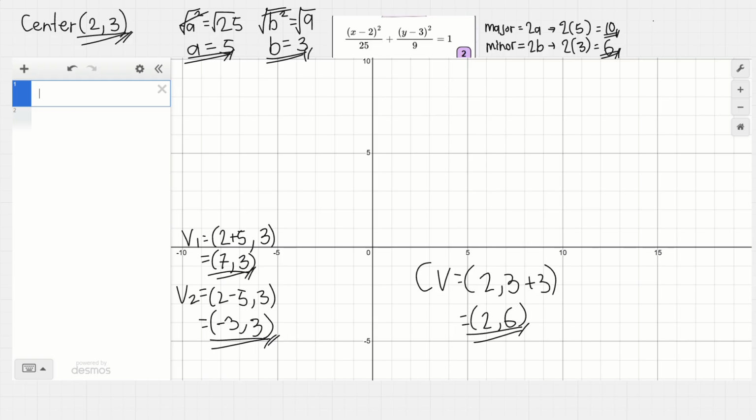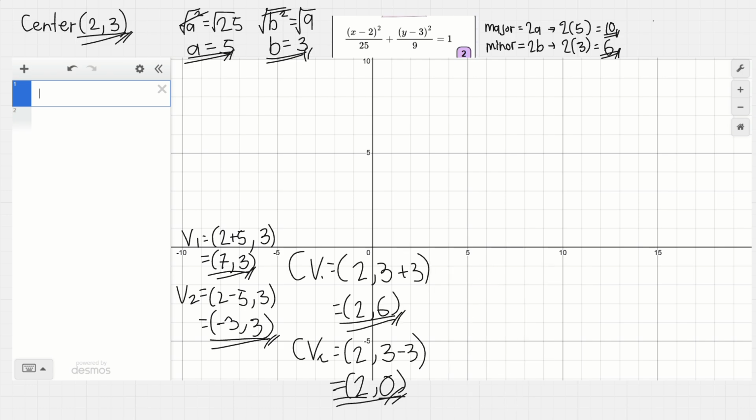That's our first co-vertex. Now let's get our co-vertex 2. 2, comma 3. This time we are subtracting 3. So our co-vertex 2 will be 2, comma 0.